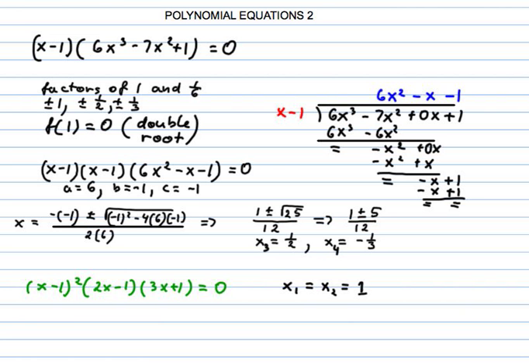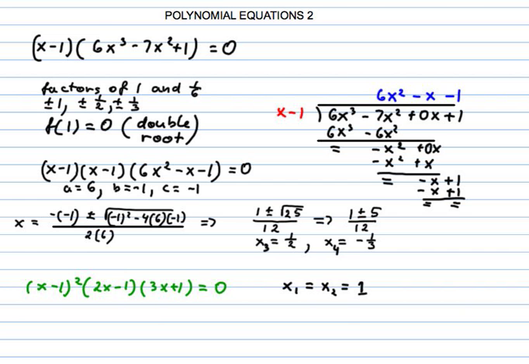So if I have 2 real roots for a quartic equation, I have to have 2 complex roots, so that makes it 4. The total is 4. If I have 1 real solution to a quartic equation, this is the same root repeated 4 times.